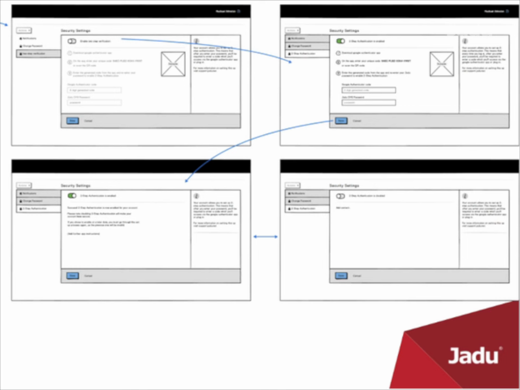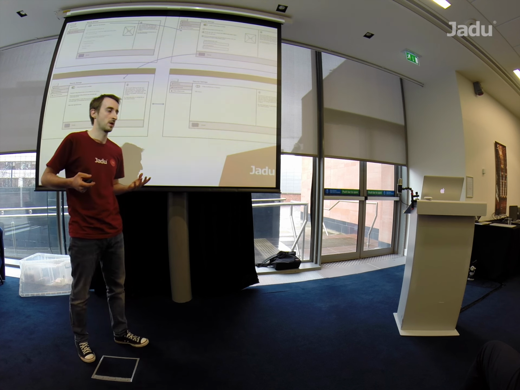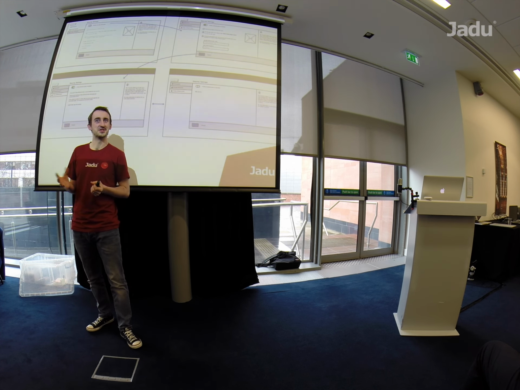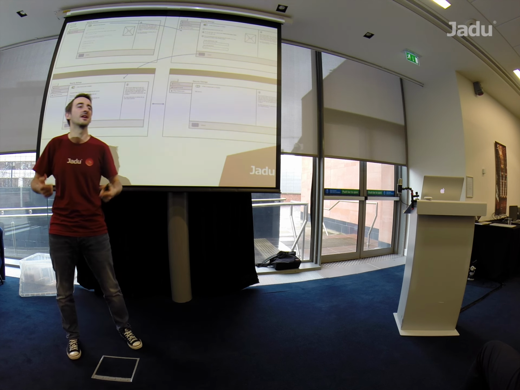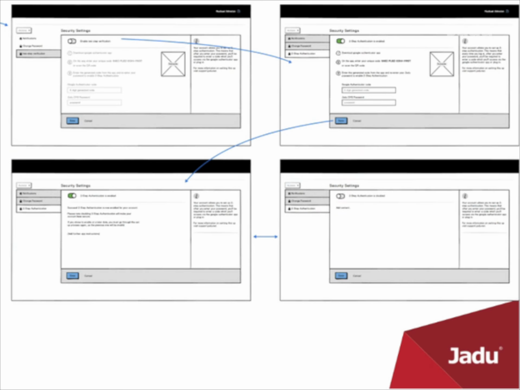We have inline help text, which, in the discussion we were having over here earlier, we're conscious that a lot of Jadu users don't go to certain areas of the site that often, and may need to be reminded about how certain things work, what a certain interface does, and this would say this is to switch all this on and it keeps your account more secure.